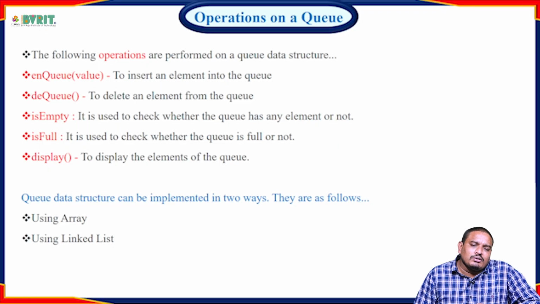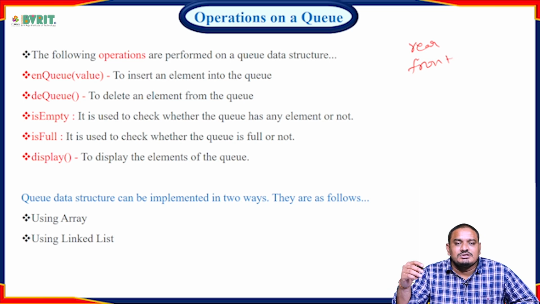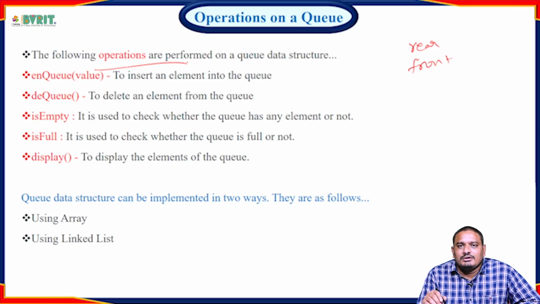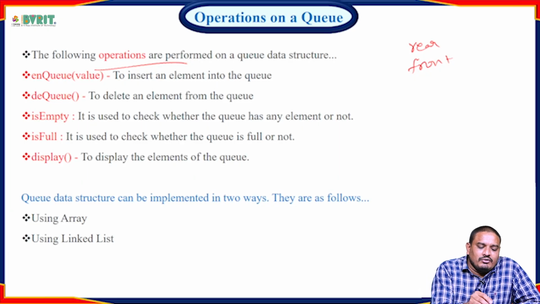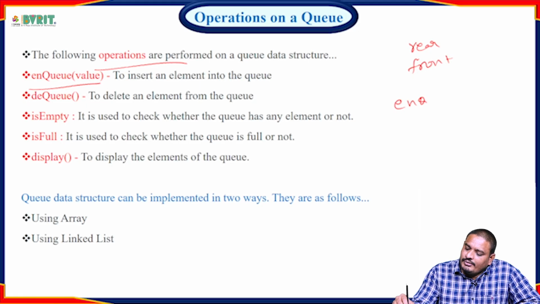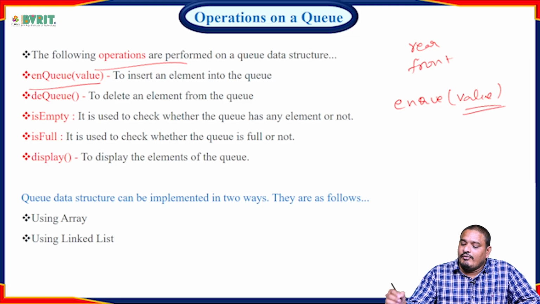Not only rear and front operations, there are also some methods. What are the different methods? The operations are performed on the Q data structure. First one is NQ of value. NQ of value means we are inserting the particular value.